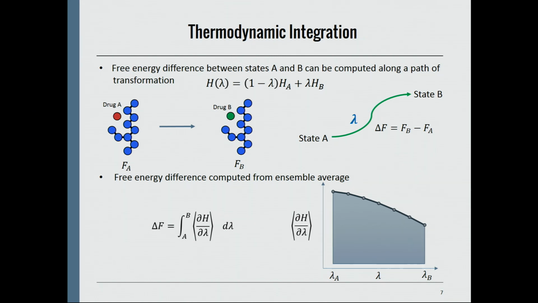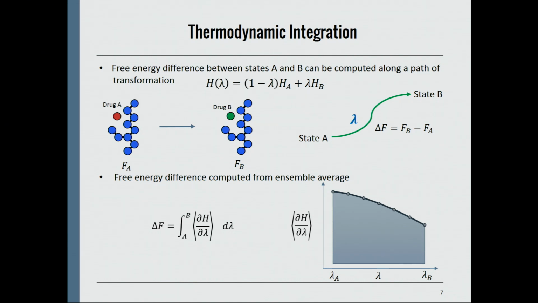All right, so what is done in this technique is basically you connect state A and state B by a lambda parameter, and this is basically a thermodynamic path for you. If you recall your thermodynamics, free energy is a state function. That means it is not path dependent. It is independent of path. So you can be creative in choosing a lambda.